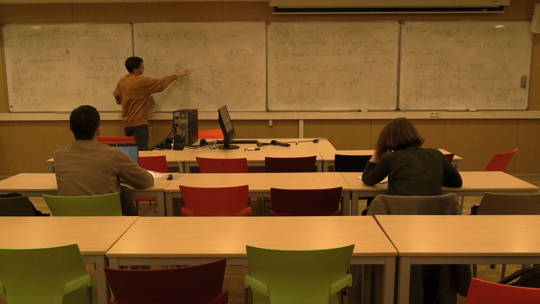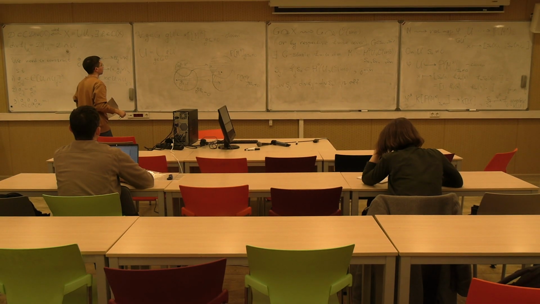And of course, on this intersection, our phi is an embedding. Okay, so phi is an embedding on our open subset U.